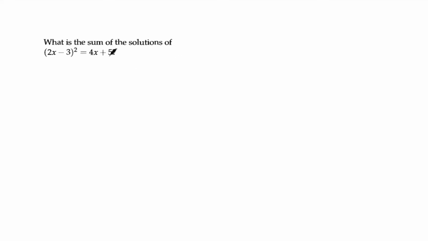Next question. What is the sum of the solutions of this expression? We have a quadratic equation and you know sum equals minus b over a. Just apply this formula. But first rearrange the equation. Open up this expression and then apply this.